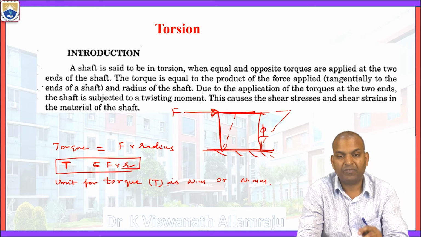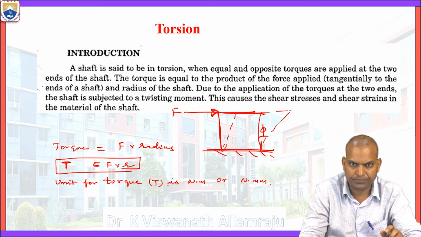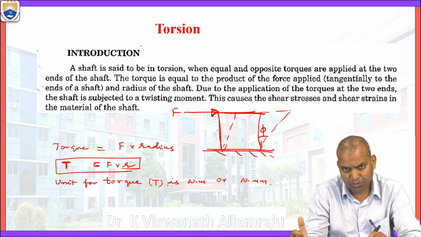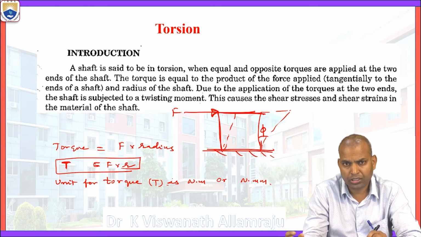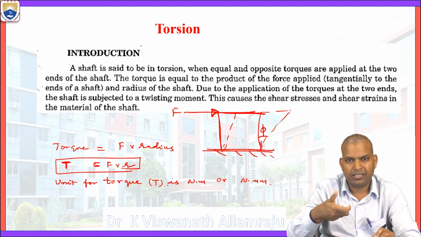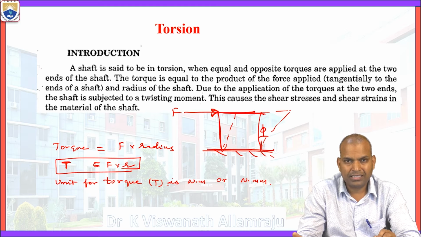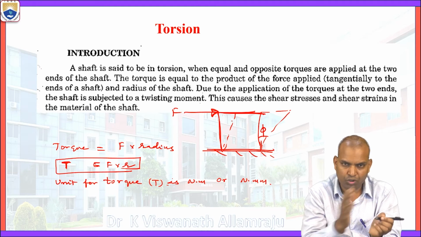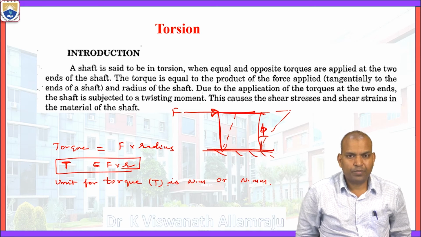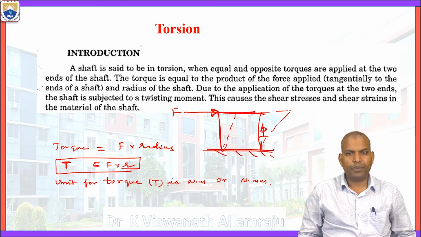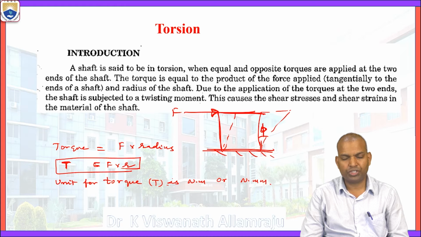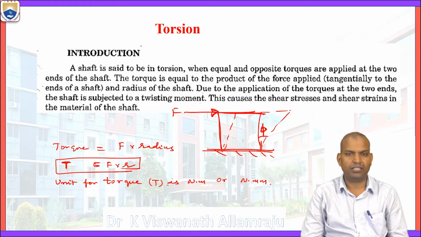Similarly, in the twisting moment, we apply the torque tangential to the cross section and along the radius, and that causes the twisting moment. Here also twisting, rotation and distortion took place, so there is also shear strain. So in principle, the shear force has to be applied parallel or tangential to the cross section, and then shear stresses and shear strains will be developed in the material.